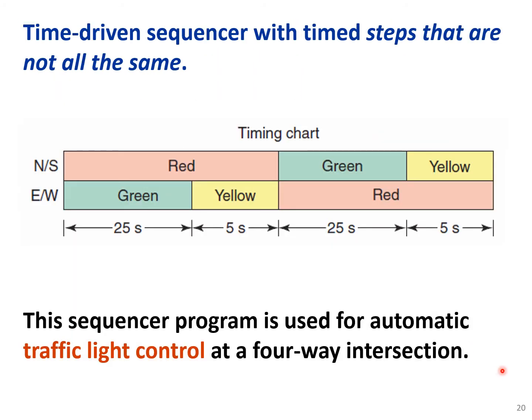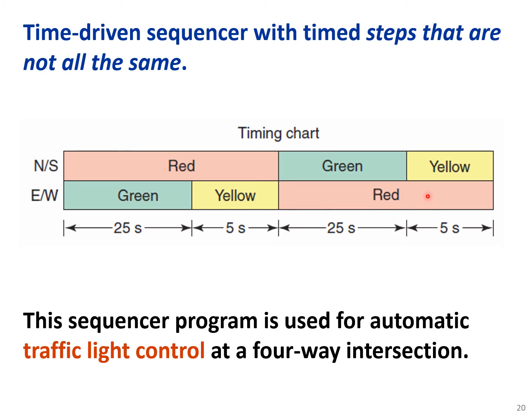Time-driven sequencer with limited steps that are not all the same. For example, for the traffic light, the first traffic light north-south is red, and for 25 seconds, the east-west traffic light is green, and in the other 5 seconds, yellow.